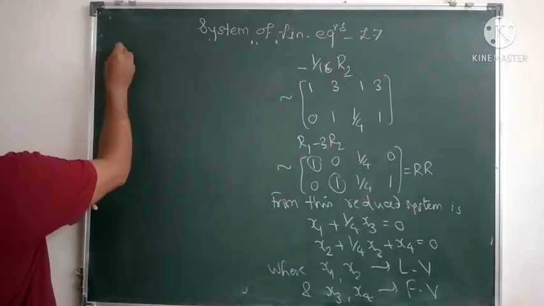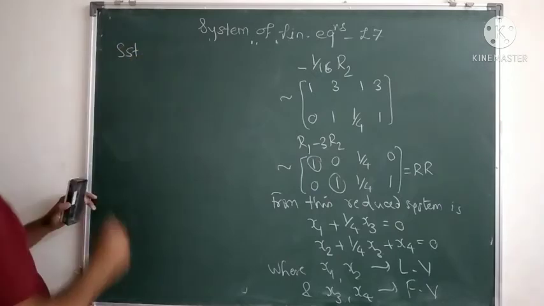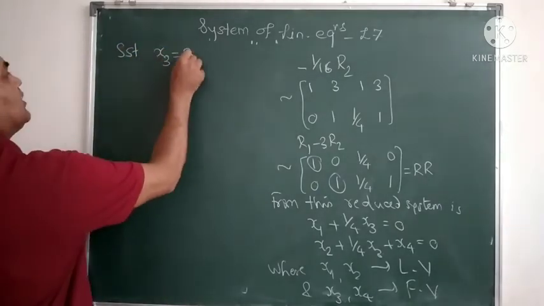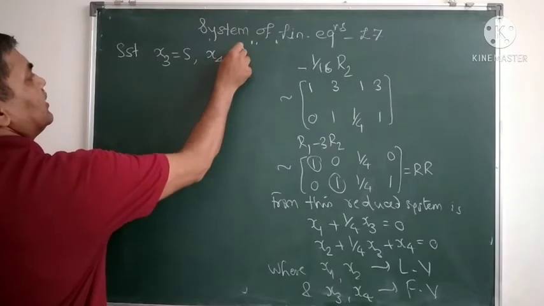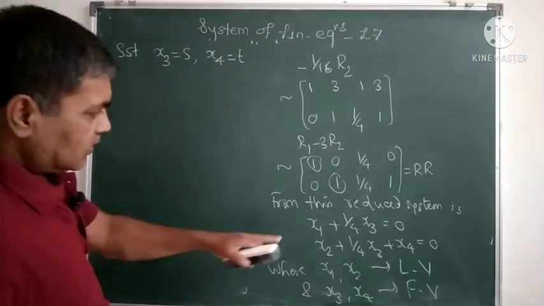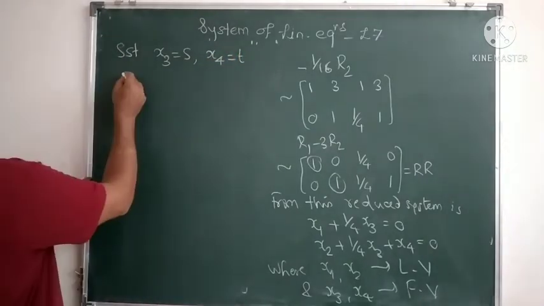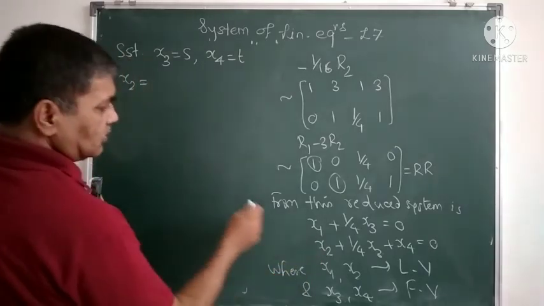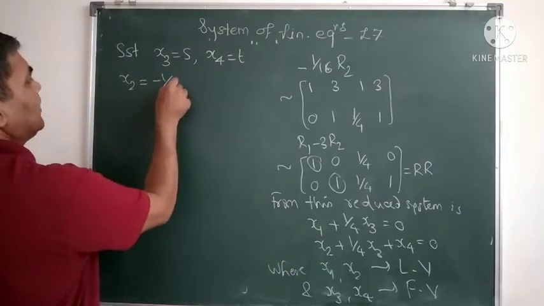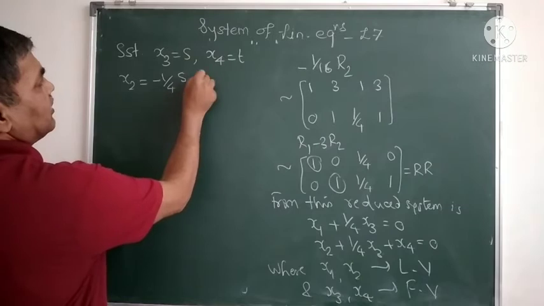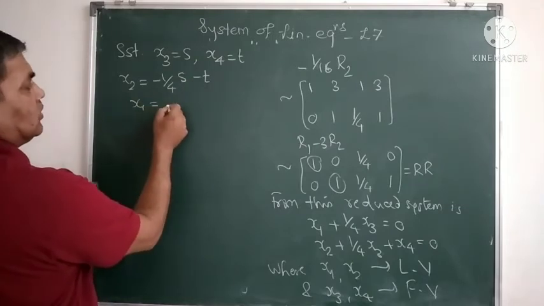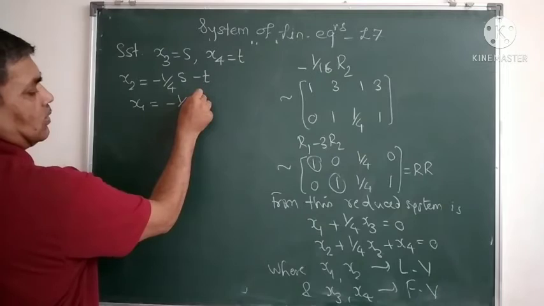Substitute x3 is equal to, say, s, x4 is equal to t. Then x2 is equal to minus 1 by 4 s minus t, and x1 is equal to minus 1 by 4 s.